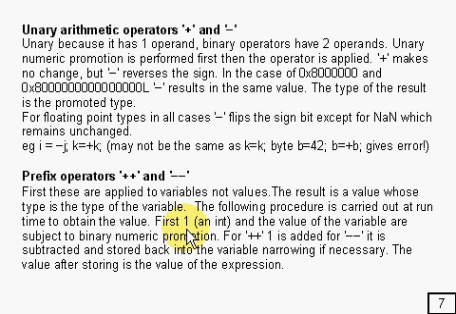For plus plus, 1 is added, and for minus minus, it is subtracted from that value, and then it's stored back into the variable, and any narrowing is done. So you don't have to worry about any of that, and the value after you've stored it back in is the value of the expression. Okay, I'll give you an example in a minute, just to make that clear.